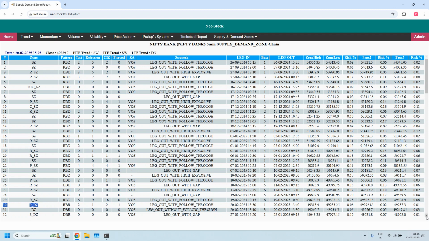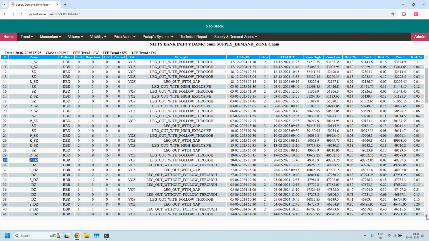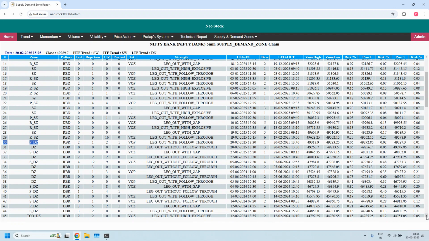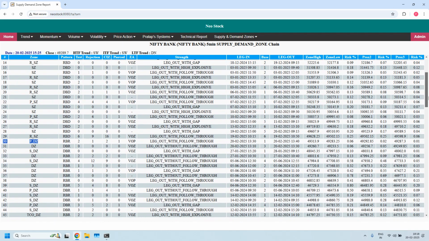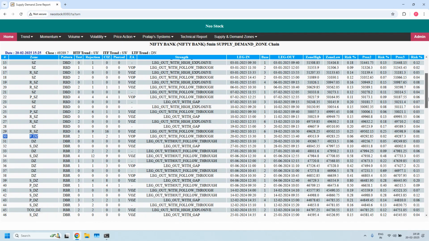So I'm putting it in the center. Okay, this is about the Bank Nifty supply demand zone chain.